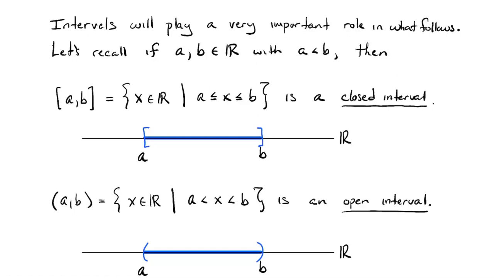If you take two real numbers, A and B, let's say A is less than B, then by the closed interval between A and B, which we denote in the usual way, just like in calculus with square brackets, we just mean all the numbers between A and B, including A and B itself. And it's very important throughout this whole video: you should stop the video a lot and draw your own pictures.